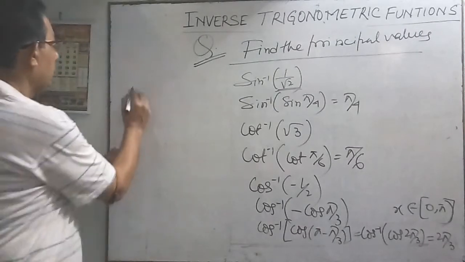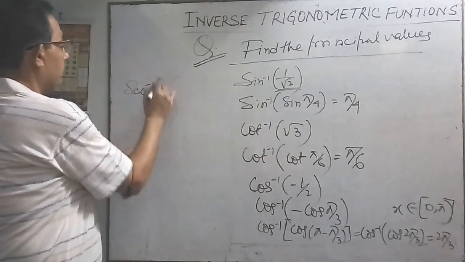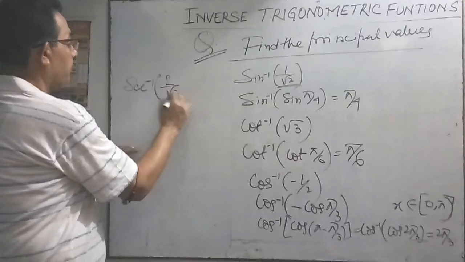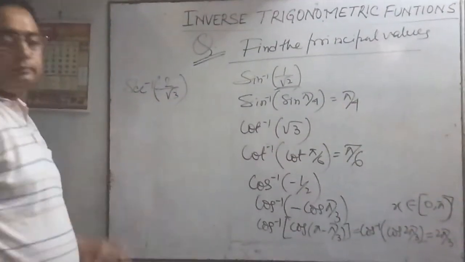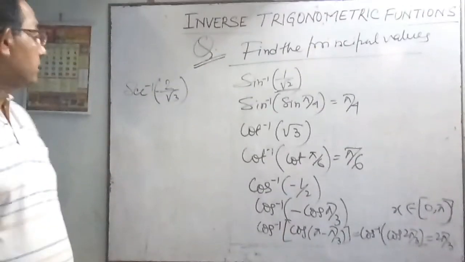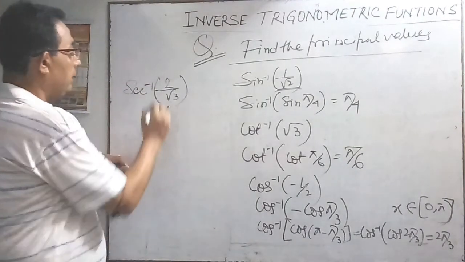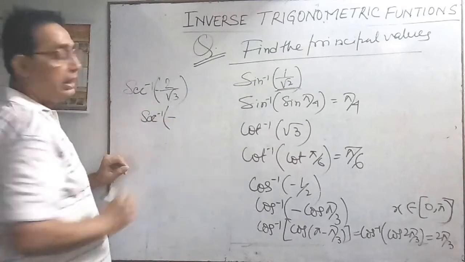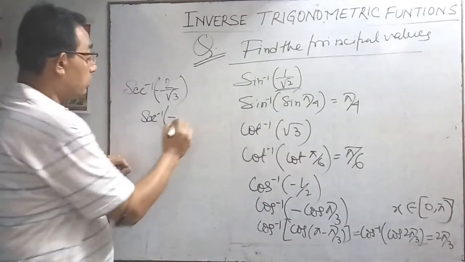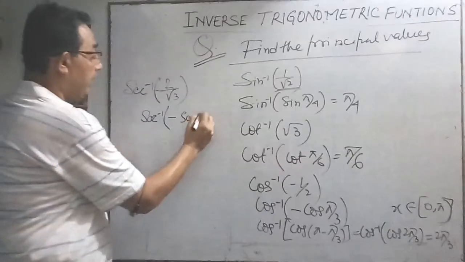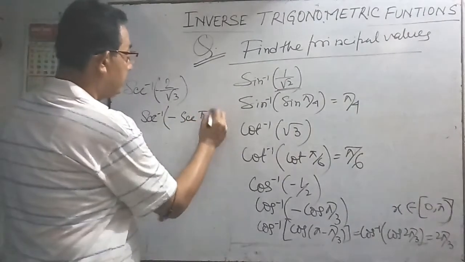Now, if you do sec inverse minus 2 by root 3. Sec inverse 2 by root 3 is sec pi by 6.